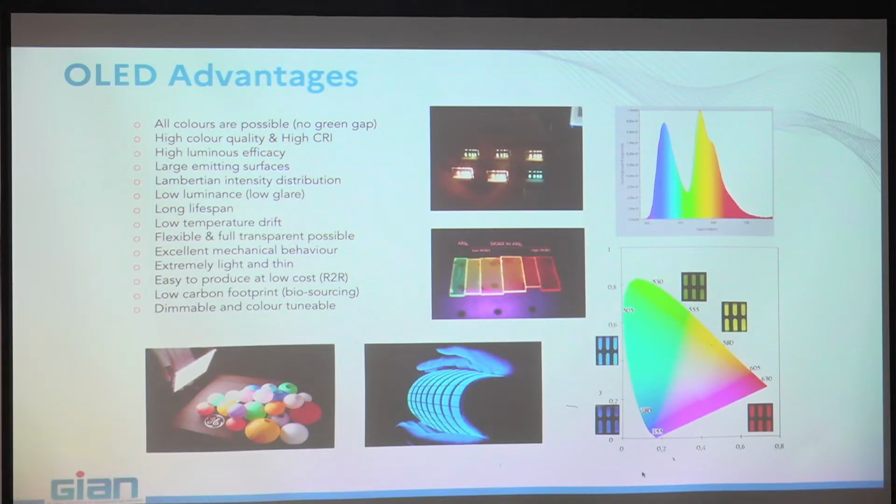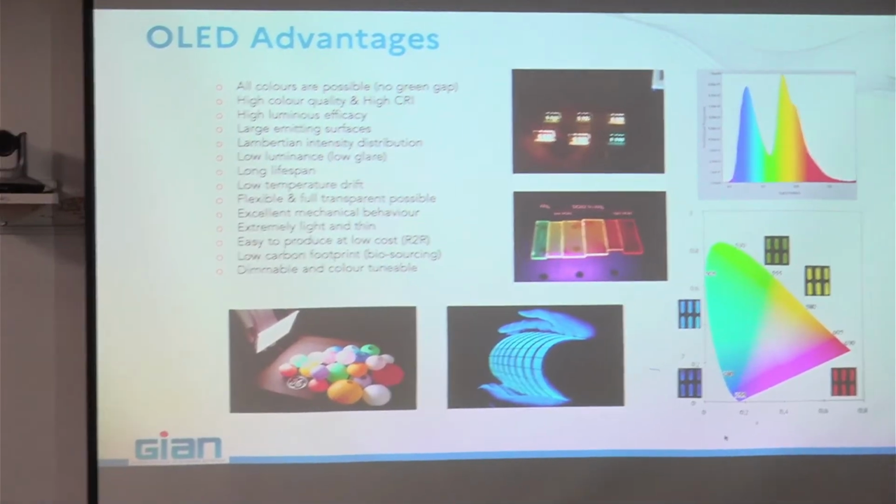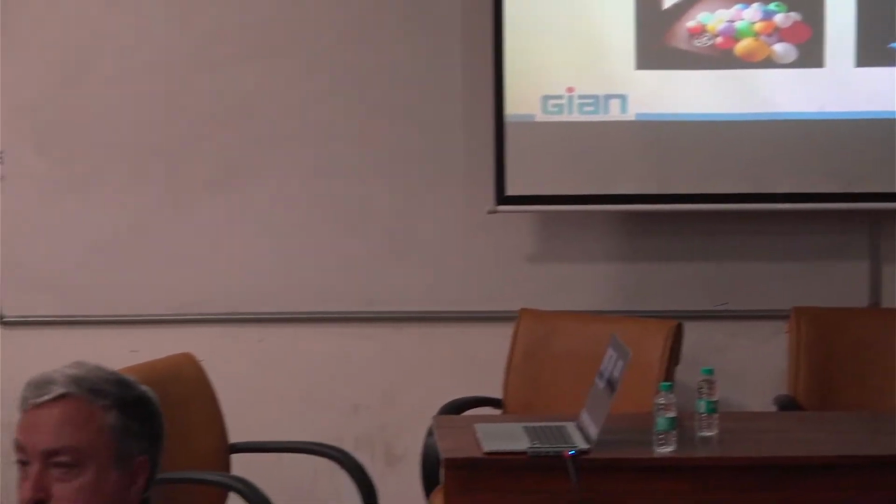Green is even the easiest to generate here, with good efficacy and long lifespans, and as they are plastic pieces, they can be foldable, they can be fully transparent. Imagine, for example, a window that during the day allows daylight to come in, and in the evening becomes a light source to illuminate your environment.